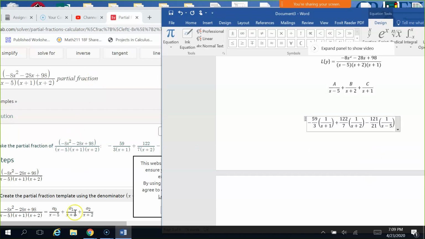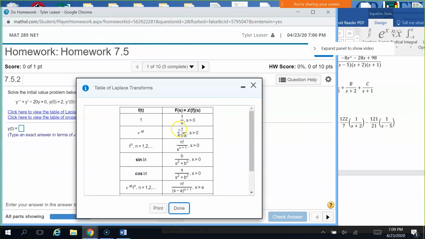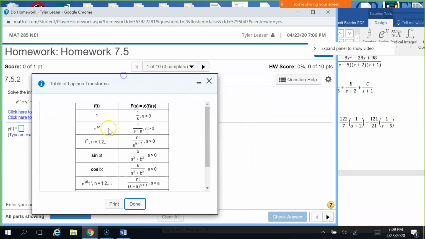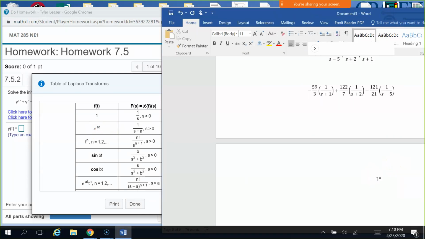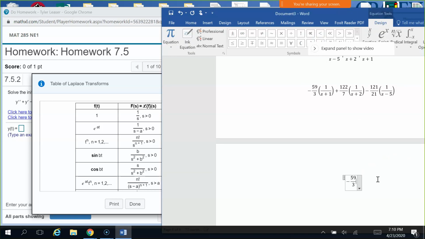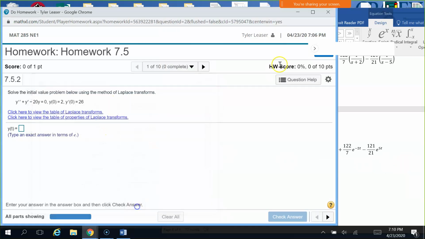Okay, and then each one of these is going to change into an e, right? Because each one of these is this second row here. So they're going to change into e and then the ATs with all these constants out in front. So negative 59 thirds e to the negative 1t plus 122 sevenths e to the negative 2t minus 121 over 21 e to the positive 5t. And then that's it. So that should be the answer.